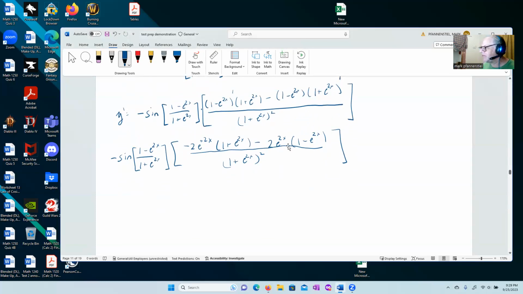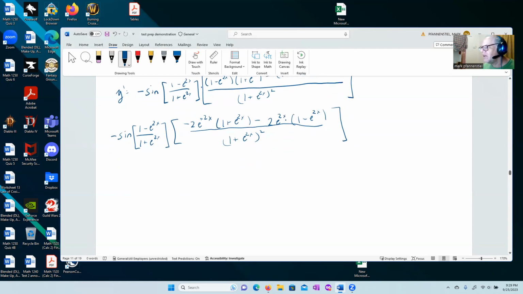The reason I put the e to the 2x out in front was just because I knew I was going to have to multiply by something. This derivative only had one term in it, so that's why this guy went first. So we have negative sine of (1 minus e to the 2x) over (1 plus e to the 2x), and then with the u prime here, we have negative 2e to the 2x, plus, well, minus really.